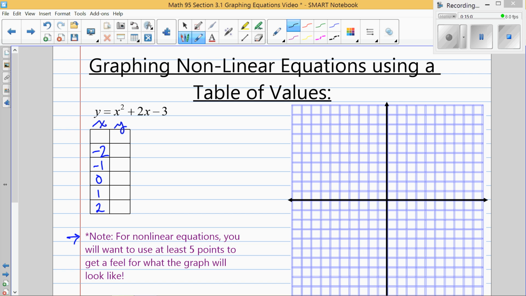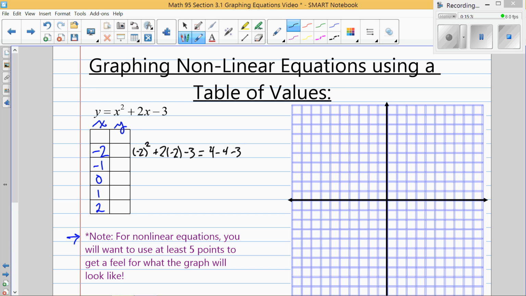So for my first point, if I let x equal negative 2, I'm going to have a negative 2 squared plus 2 times negative 2 minus 3. So this is going to be a positive 4. This is going to be a negative 4 minus 3.